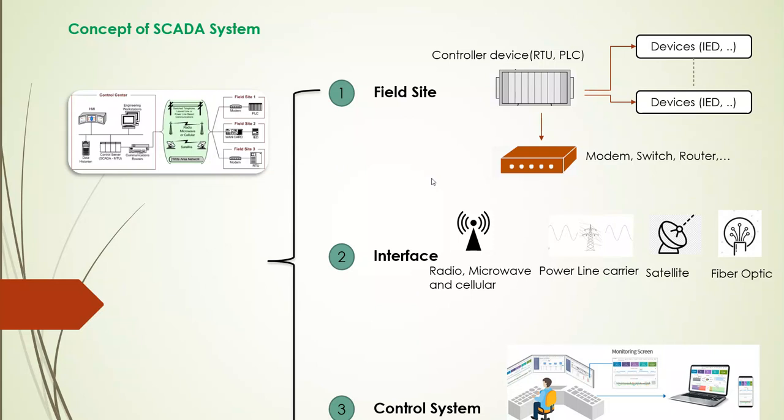Here you can see the main components of the SCADA system. There are three components: field side, interface, and control system. In the field side, we install some devices like IED, measurement, transducer, and other devices that we want to get data and information from.